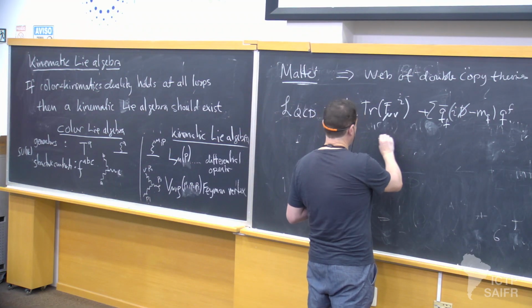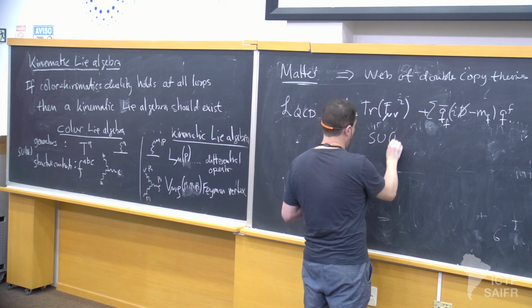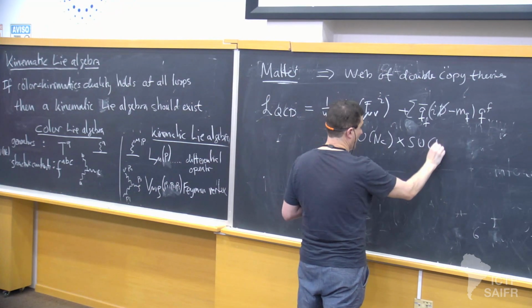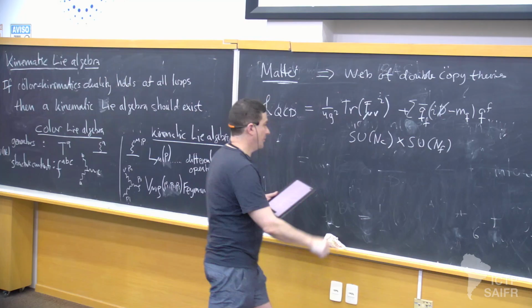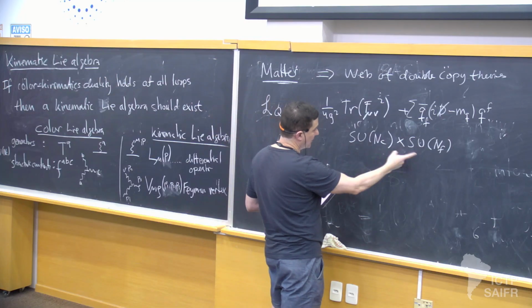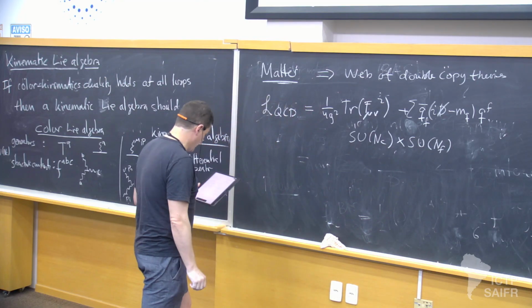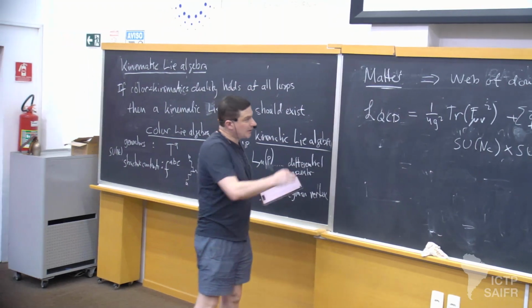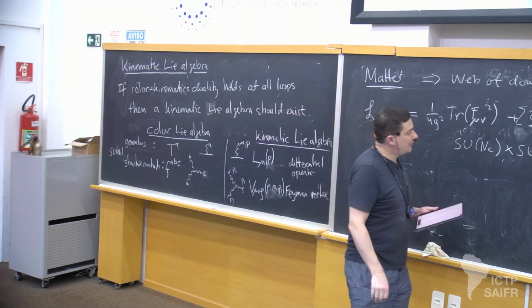So basically, this theory will have some SU(N_C) times SU(N_F) symmetry. So a local gauge symmetry and a global flavor symmetry. And I'm not going to work out any details here because it gets a bit messy.